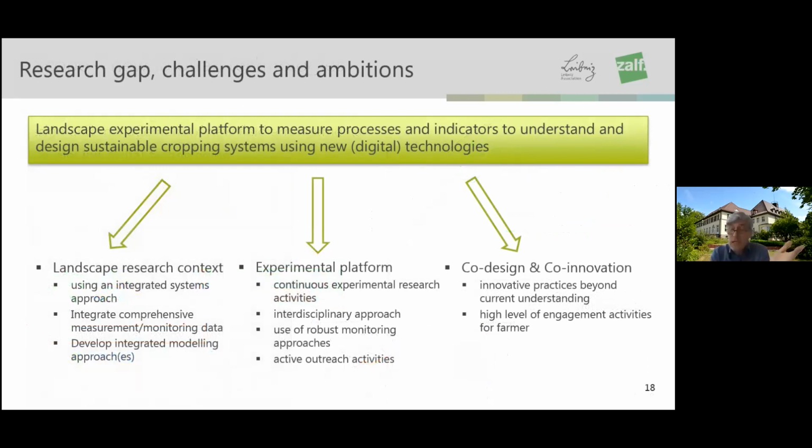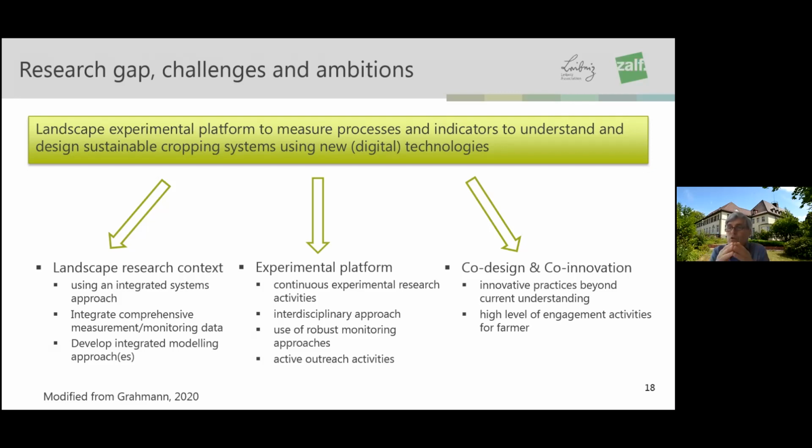Now there is a research gap, as I mentioned, and there are challenges in setting up a landscape experimental platform to measure processes and indicators, to understand and design sustainable cropping systems using new digital technologies. And there's a set of ambitions related to that.